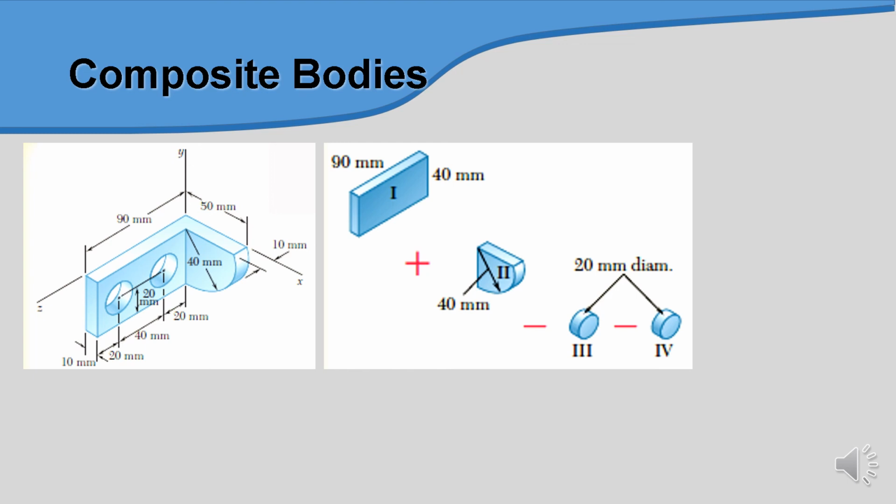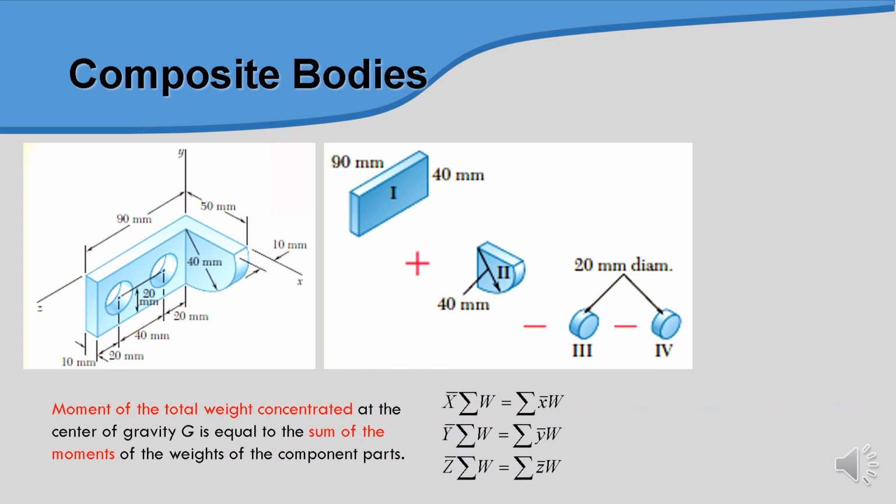So in this case, by getting the centroid of this area, this volume, basically we have shape number one plus shape number two, and then we minus the two cylinders, number three and number four. And of course, we will use this formula to get the x bar, y bar, and z bar. In this case, we will involve the z bar.